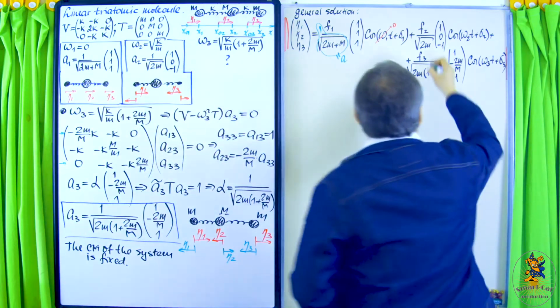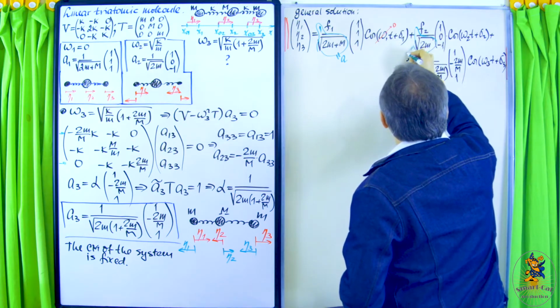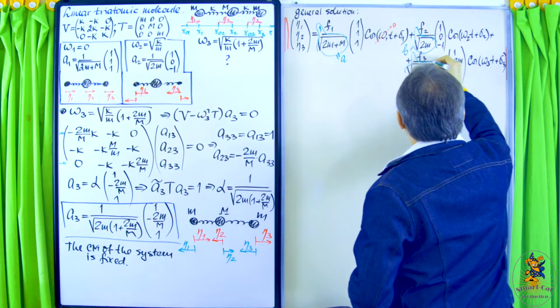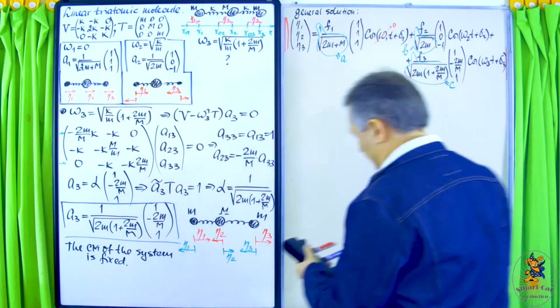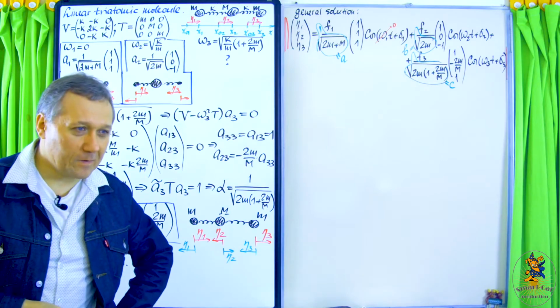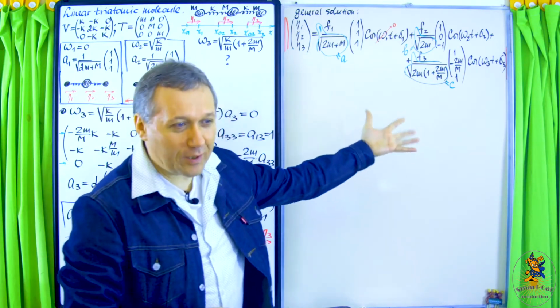Then this, let me call it B, and this construction C. All right, now I will have to write less.